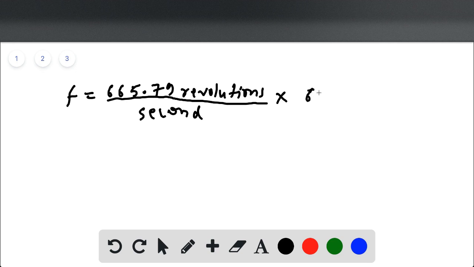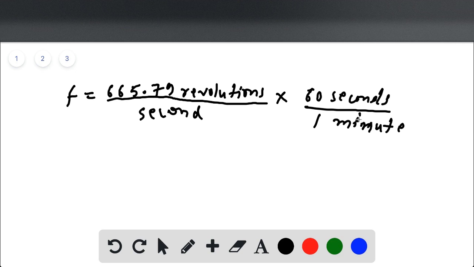So 60 seconds over 1 minute. So from here, you will get the frequency of that particle in the centrifuge to be 3.99 times 10 to the 4 revolutions per minute.